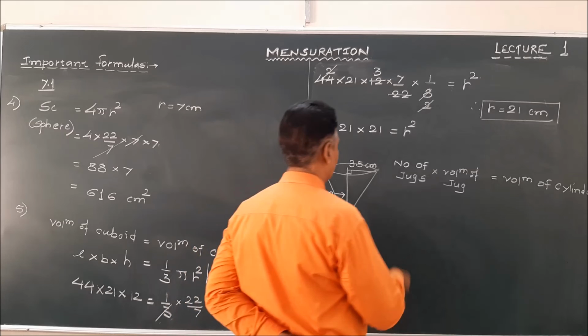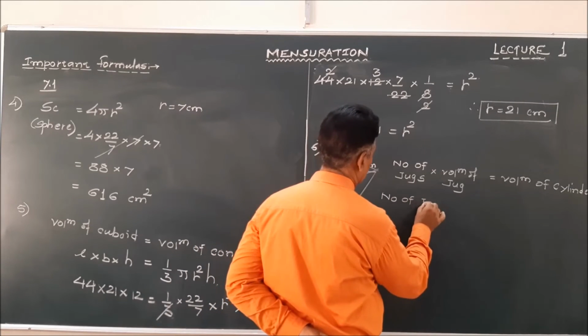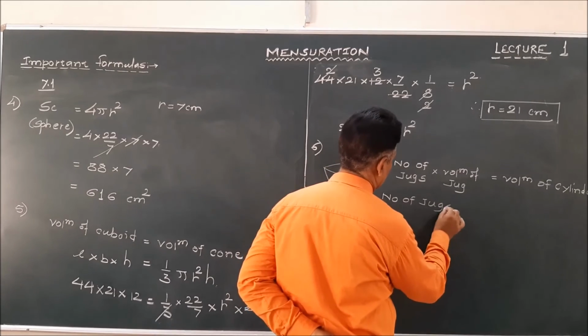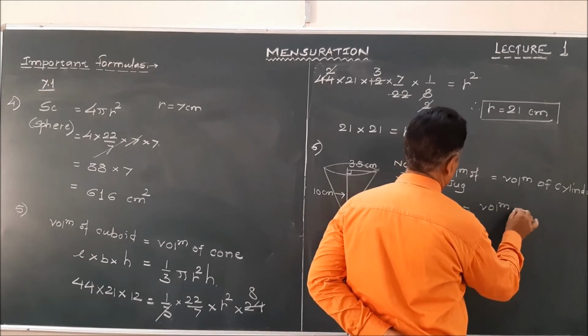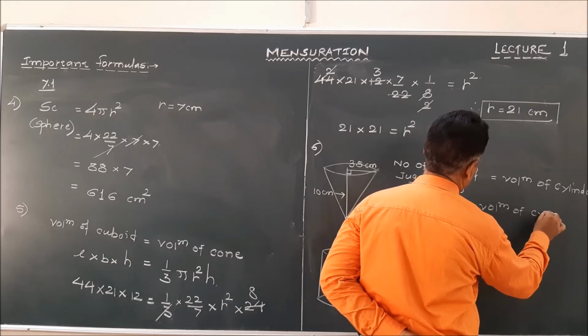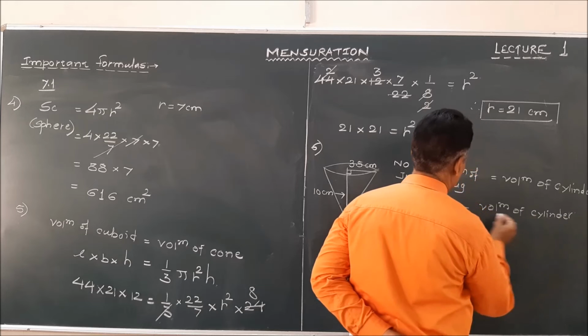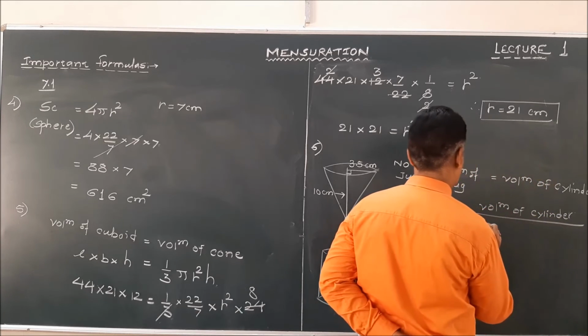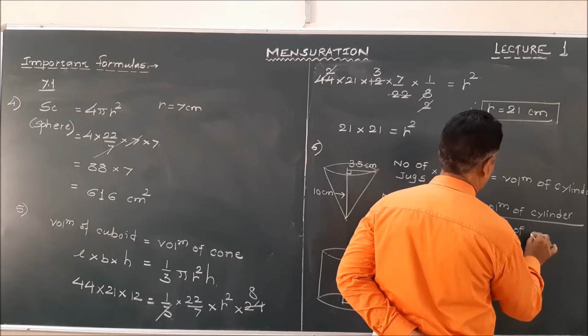So obviously we will find number of jugs is equal to, I'm going to transfer this volume of a jug. So volume of cylinder upon volume of a jug.